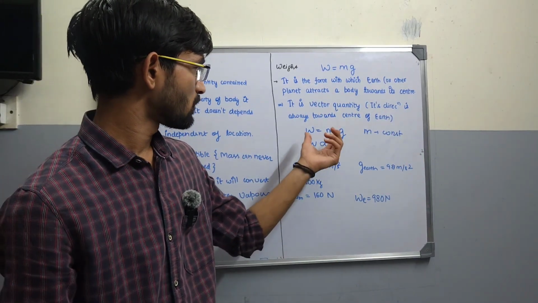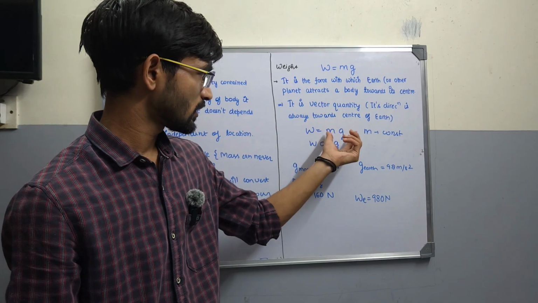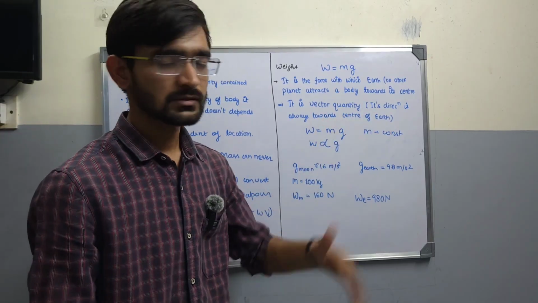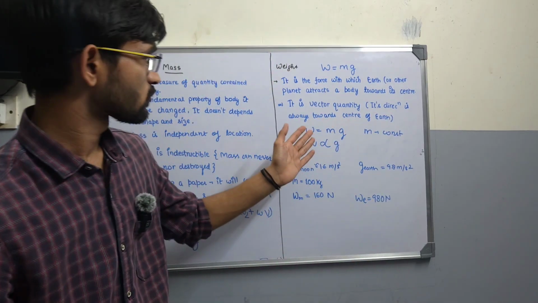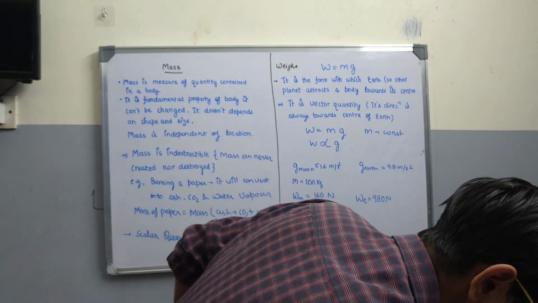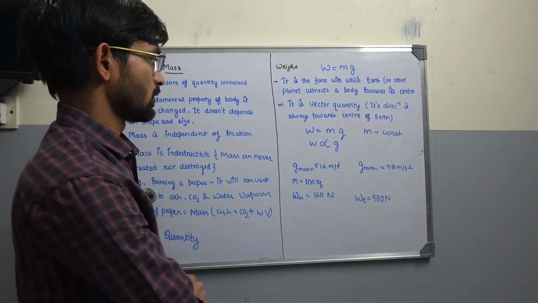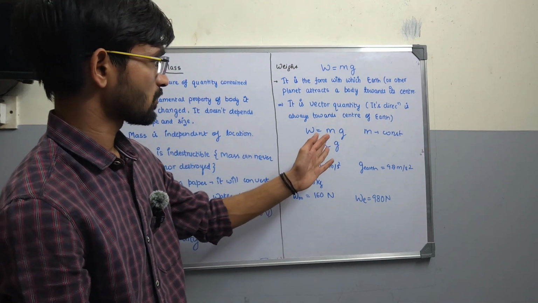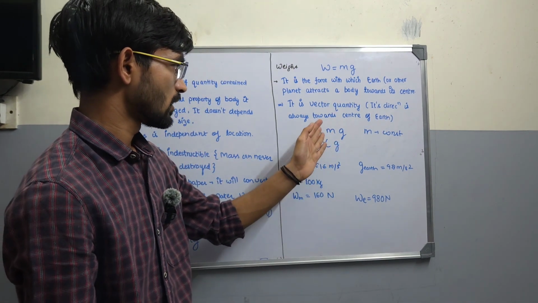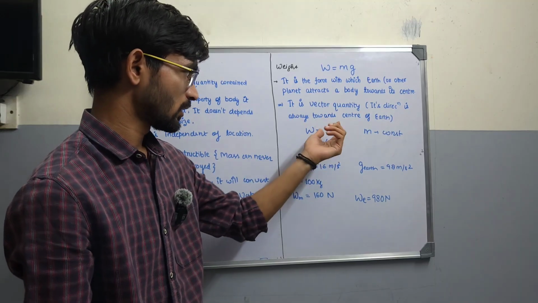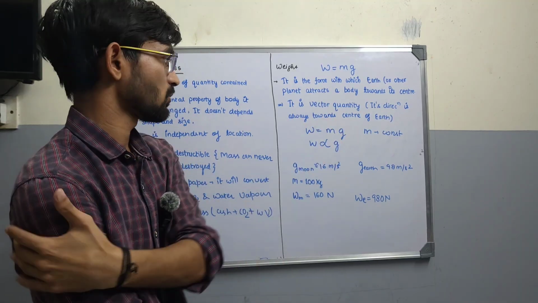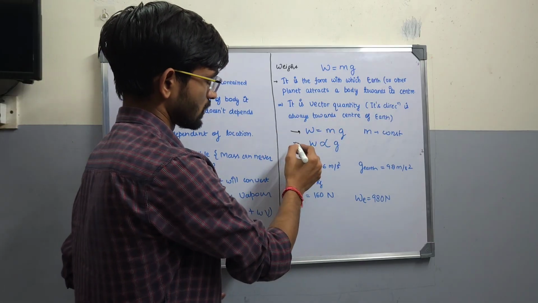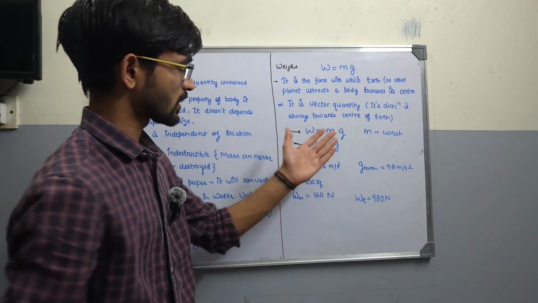And as you know, weight can be written as mass into g. And as you know, mass is a constant quantity. Mass is not going to change anywhere. So what we did in previous videos, if we have a directly proportional symbol, we can replace it with an equal to symbol and put a constant quantity. Similarly, if we have a constant quantity and an equal to symbol, we can write that equation as directly proportional, meaning weight is directly proportional to g.